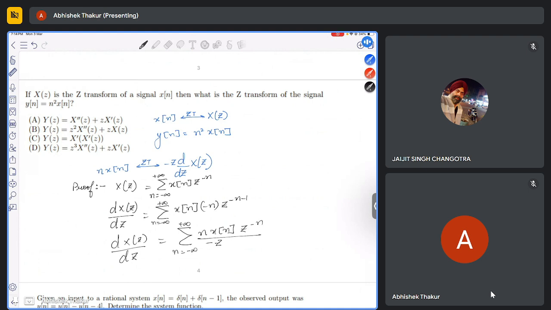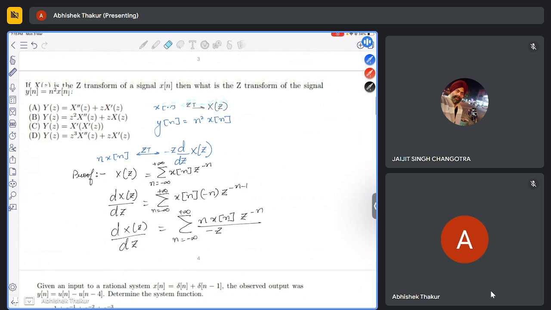So once we get this, now we will take our minus z term to this side, because here you can see there is a minus z term. So we'll take the minus z term on the left hand side.